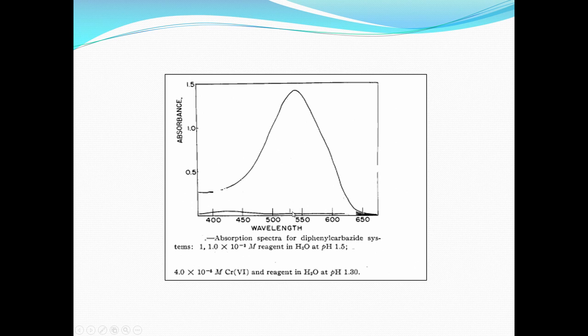You can see that around 540 the curve is fairly broad, plus or minus 2-3 nanometers does not make much difference to the sensitivity of the method. So, basically the method is applicable to several industrial samples, and can be adopted for routine analysis.